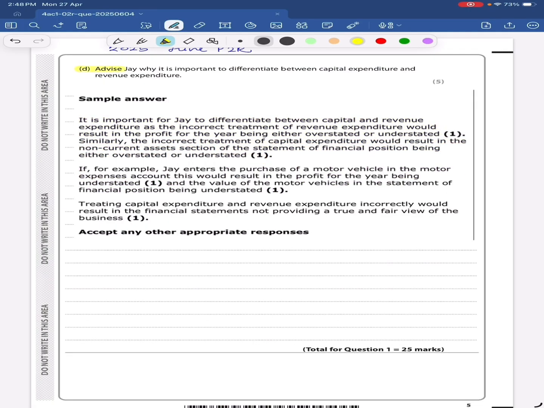Part D. Advise J why it is important to differentiate between capital expenditure and revenue expenditure. Remember, capital expenditure would eventually increase or decrease the non-current asset, whereas revenue expenditure would increase or decrease the day-to-day expenditure, that means the expenses.